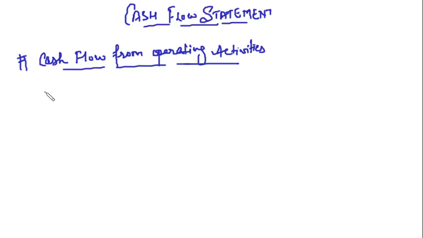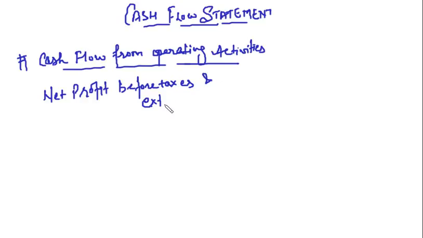Now, then we started with the steps. First of all, we calculated net profit before taxes and extraordinary items.